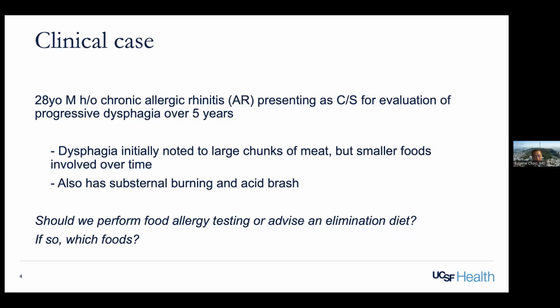He also has some GERD type symptoms, some substernal burning, some acid reflux. And so the question here for us is, should we perform food allergy testing? Should we advise an elimination diet? And if so, which foods should we be thinking about here?